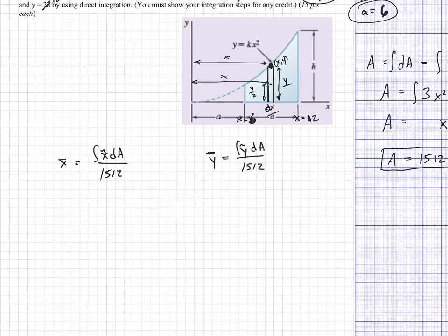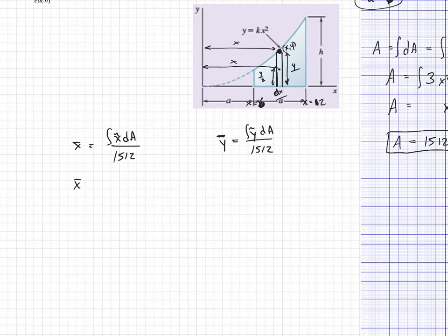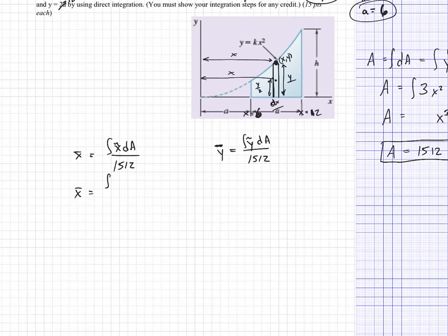Okay, so now for the top here, let's go ahead and do the x bar. X bar equals the integral of, well, the x tilde is, let's see, so this location right here, I decided that x bar, y bar was equal to x and y over 2, right? So for x tilde, I'm just going to put in an x.